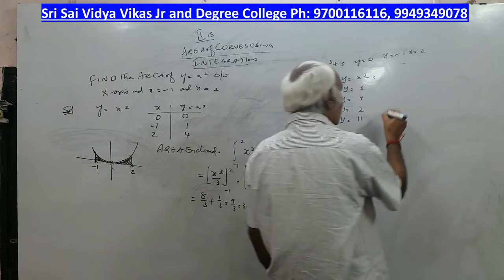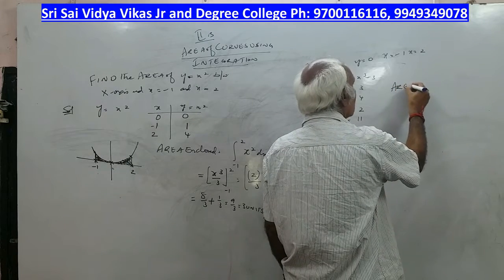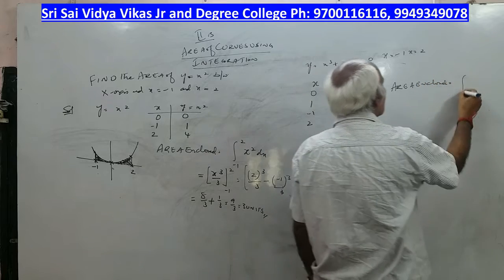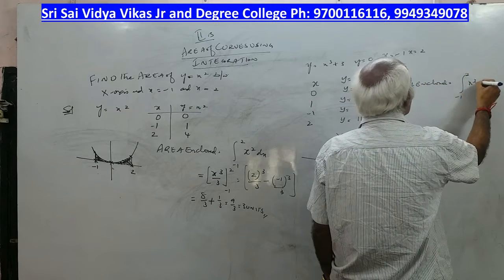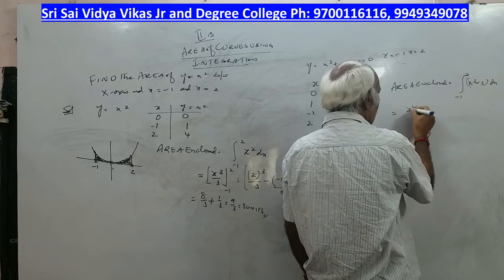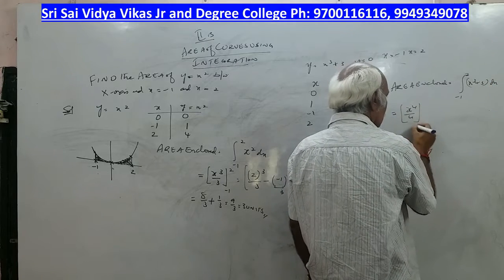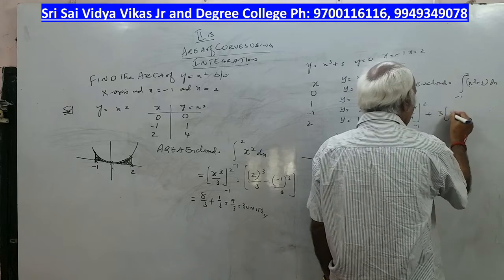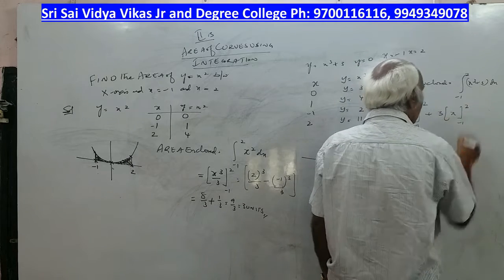So area enclosed is equal to integral from minus 1 to 2 of x cube plus 3 dx. So x power 4 by 4 plus 3x.